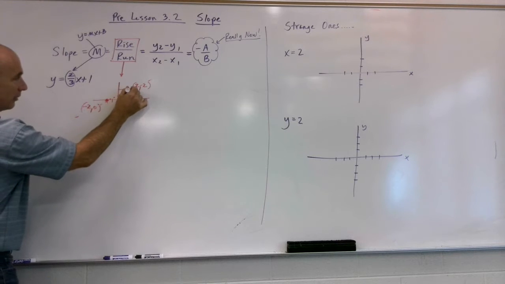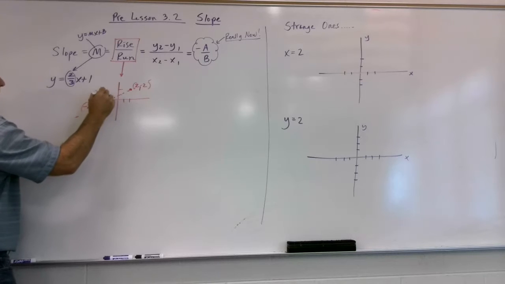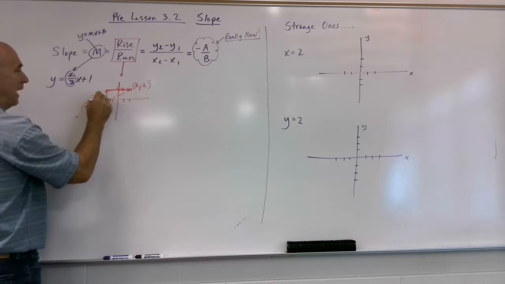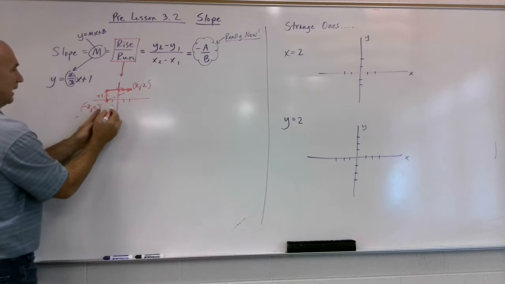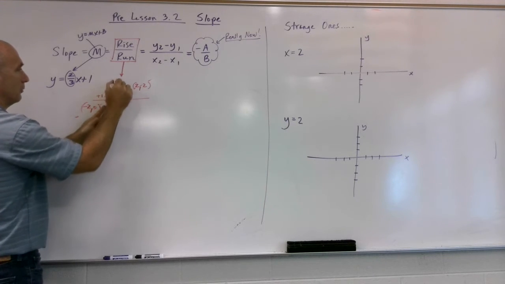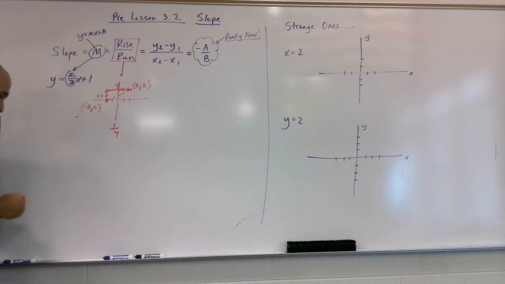I'd go rise, there's my 1, run, remember it's to the right, and rise was positive, because I went up. And to the right, I'd go from -2 to +2, so that's 4. So my run would be 4, and I'd say, hey, my slope is 1/4.